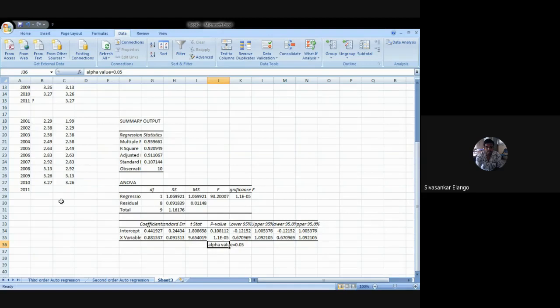We can use it for calculating the value for 2011.